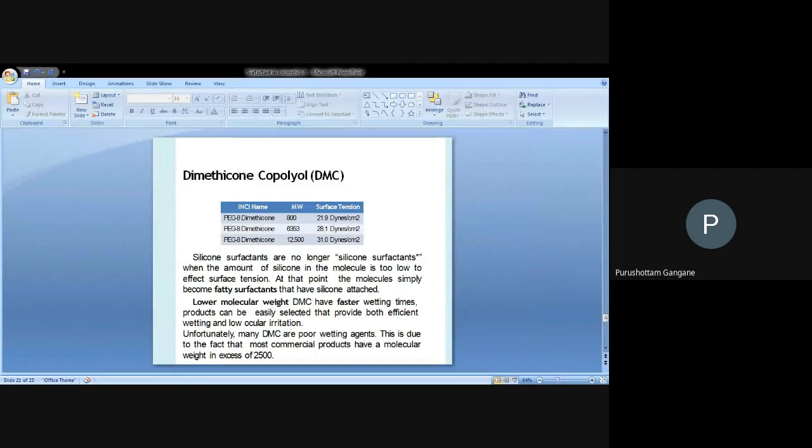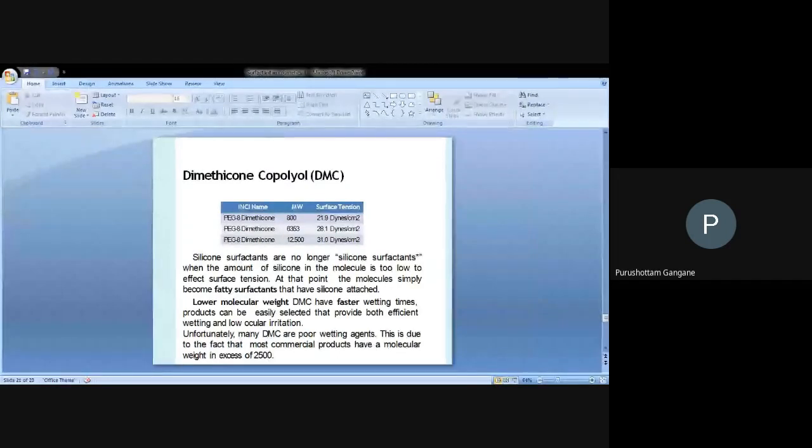Polyethylene glycol of low molecular weight is available in liquid form, and the same polymer, when the molecular weight increases, is available in solid form. Polyethylene glycol 6000 is available in solid form, and PEG 400 is available in liquid form. Depending on its molecular weight, its function also changes.